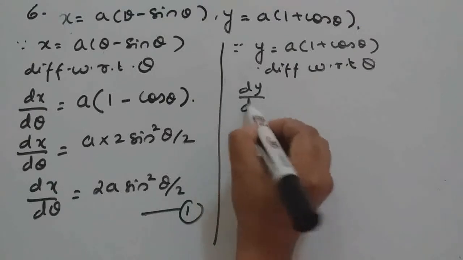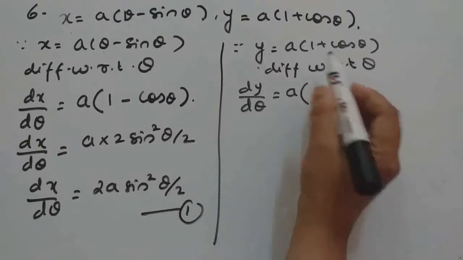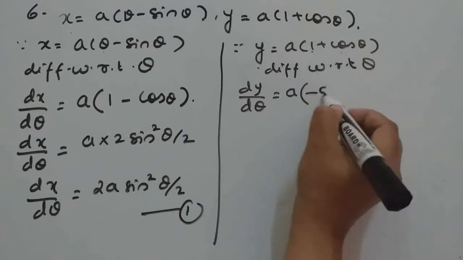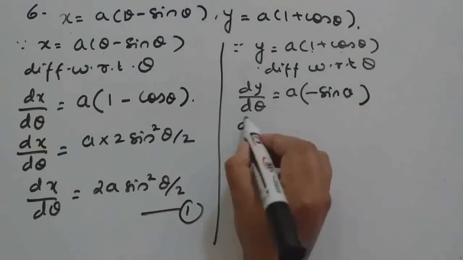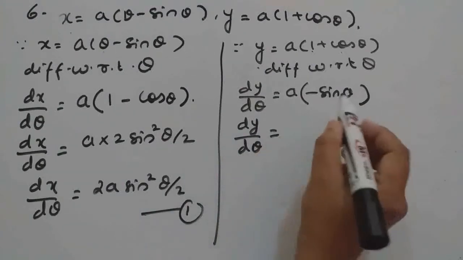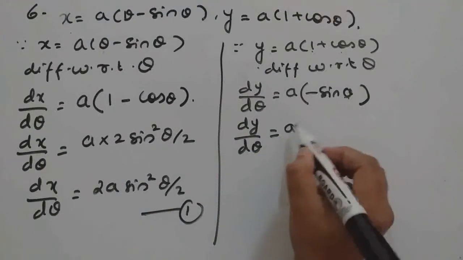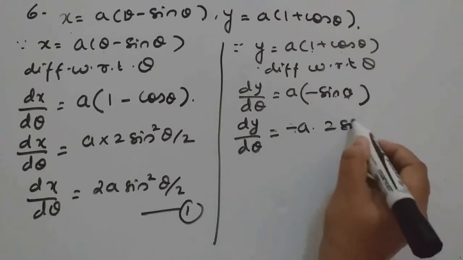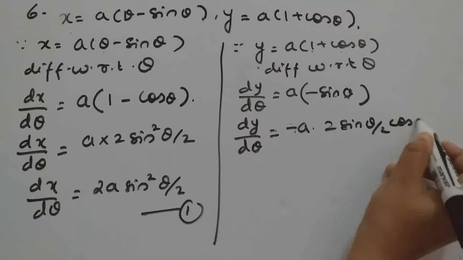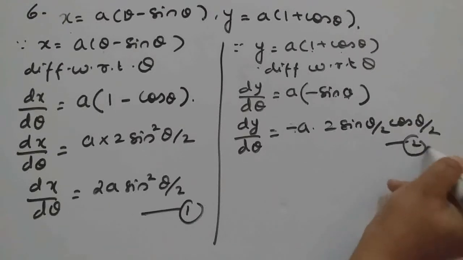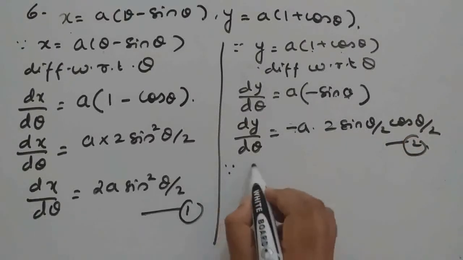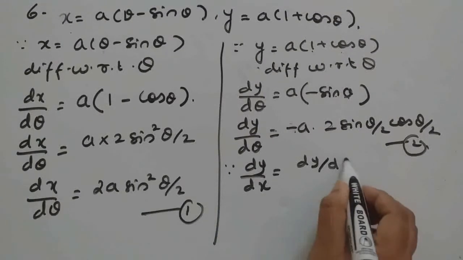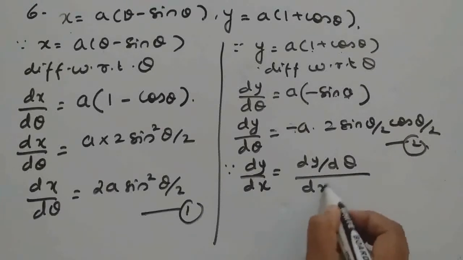So dy by d theta is a coefficient, the derivative of 1 constant is 0, and the derivative of cos is minus sine. So here we will apply the formula for sine theta, that is 2 sine theta by 2 cos theta by 2, equation 2.